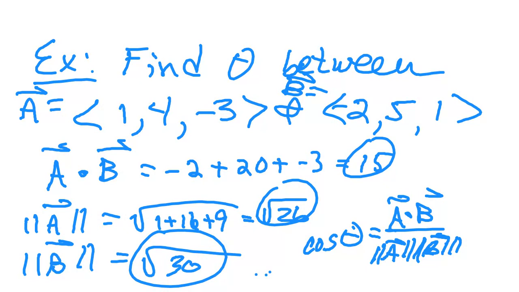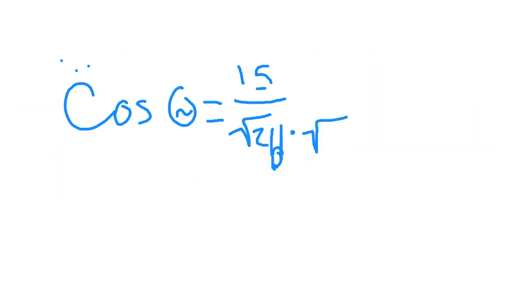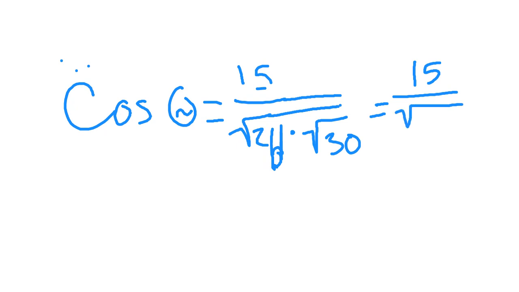All right, so we got that 15 over square root of 26 and 30. So it'd be 2 times 13 and 2 times 15.